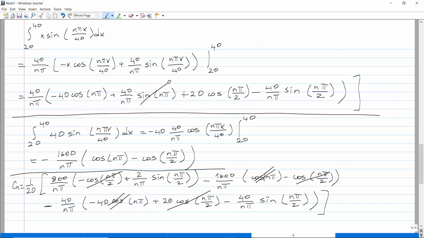So I have 1600 plus 1600 divided by 20. Okay, so 3200 over 20 is 160. So this is 160 over n squared pi squared sine n pi over 2.